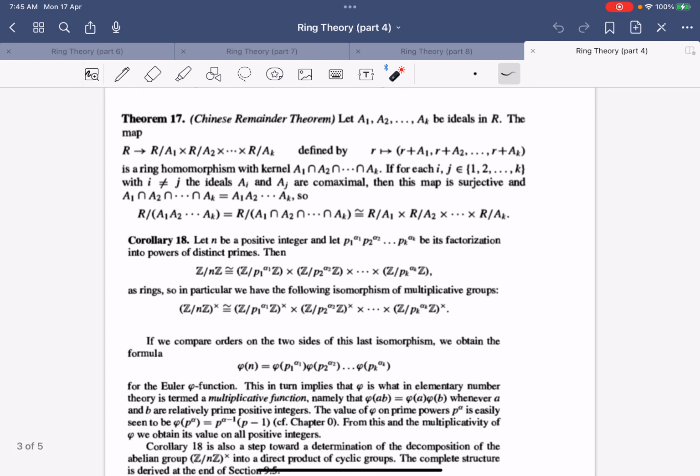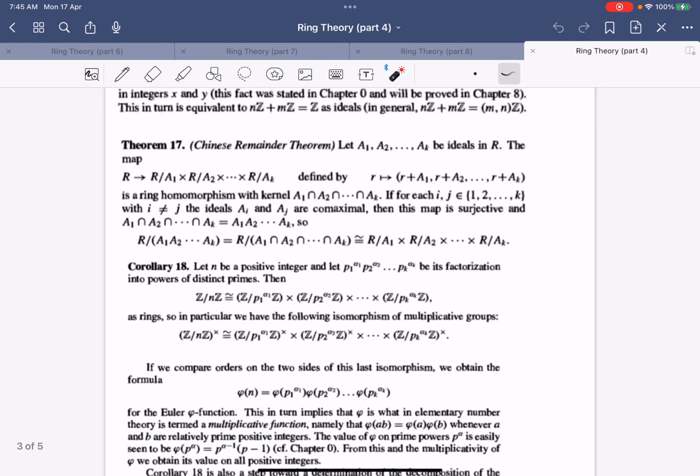And as a result of that, you can see how this lets us factorize the quotient ring of Z over nZ, where n has this prime factorization, and so you can factor it into each prime ideal.